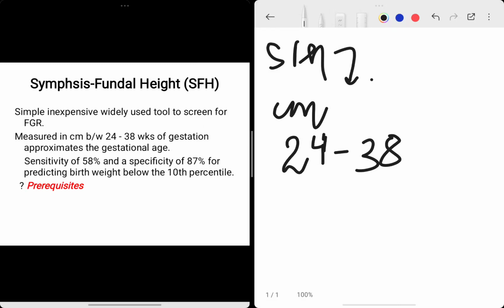So after 24 weeks, we can check the symphysiofundal height. The sensitivity is 58%, and reverse of this, 85%, is its specificity. So the sensitivity is lower but specificity is higher, for predicting birth weight below the 10th centile. Now there are certain prerequisites.